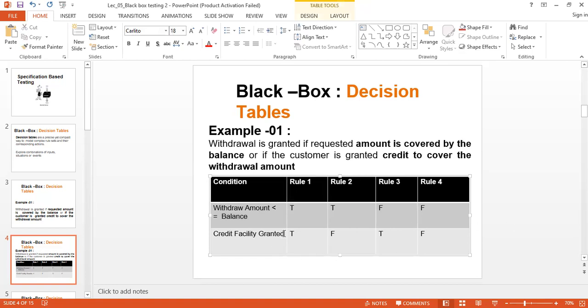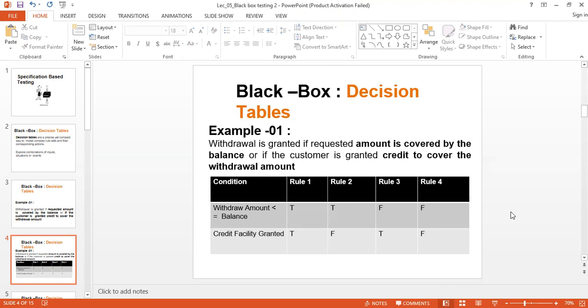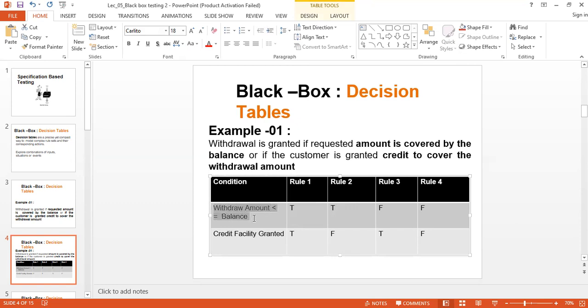And if the bank will also grant the credit facility, that would be true. And as the second rule, the customer withdraw amount is less than or equal to the account balance, which is true, but the bank will not grant the credit facility. So in that case, this will be false.